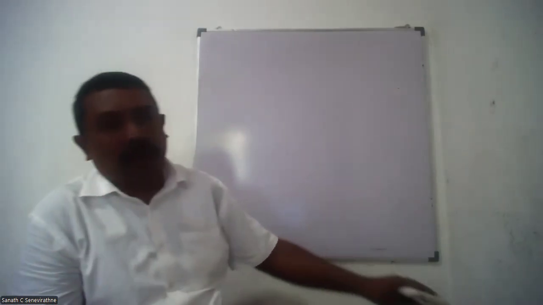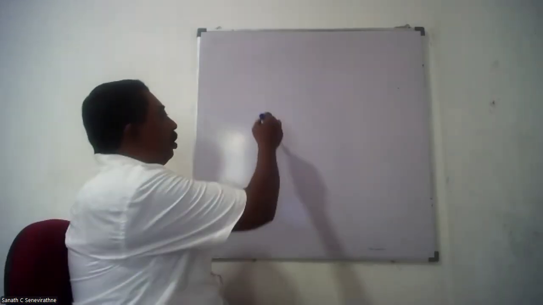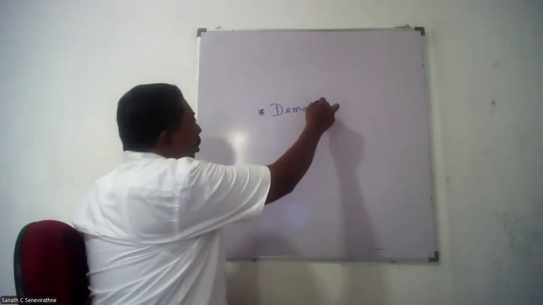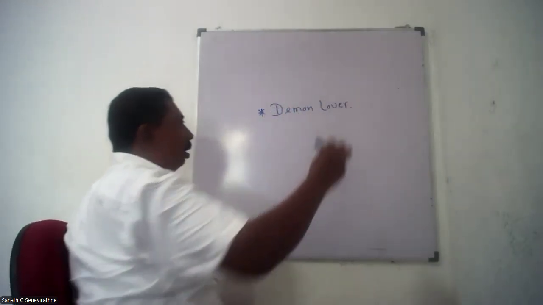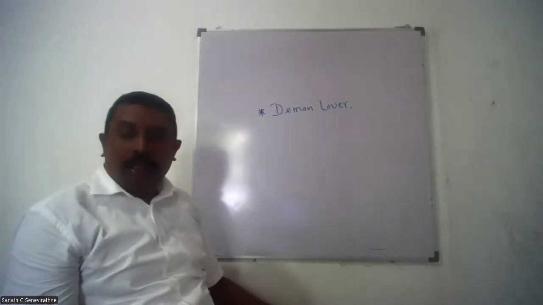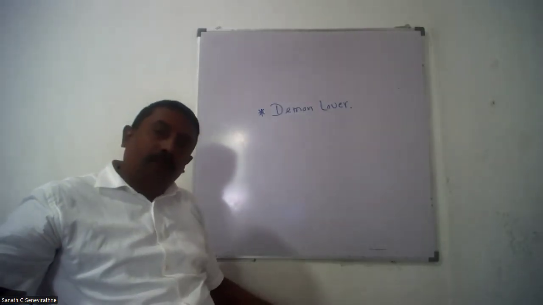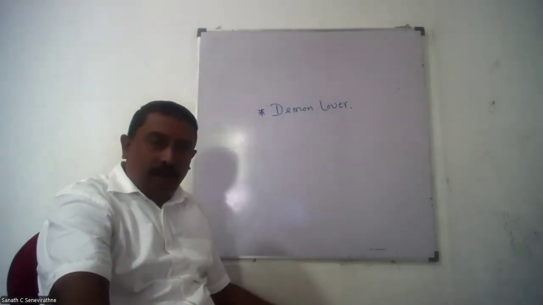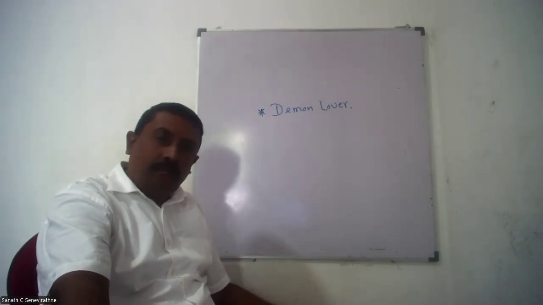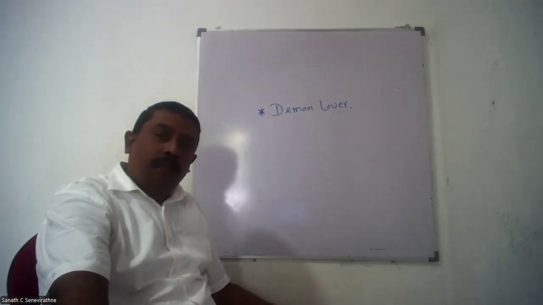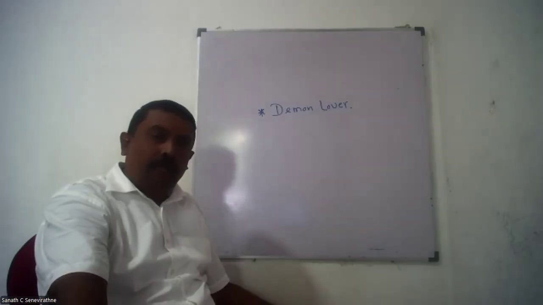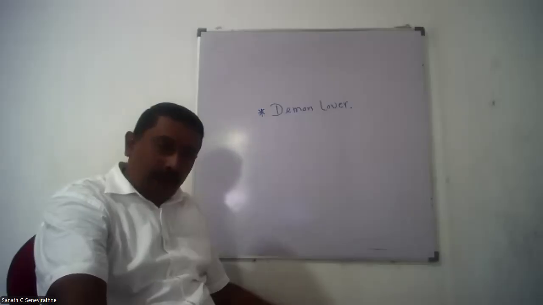For example, there is a poem called Demon Lover. It is a medieval time ballad. Now you can also find it available in English literature. In Demon Lover, a boy loves a girl. That girl doesn't like to marry that boy because the boy was poor.